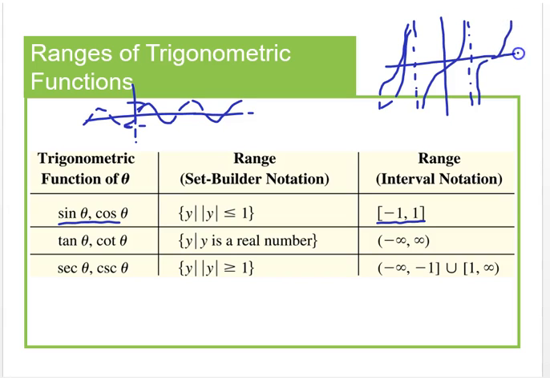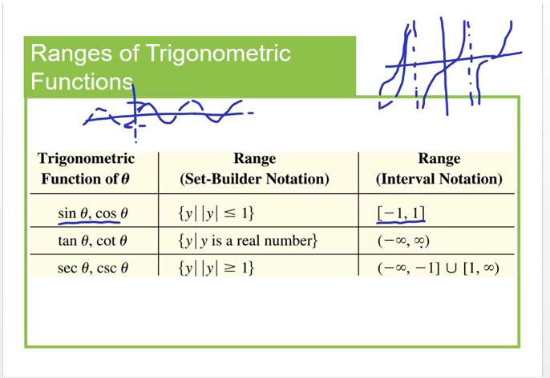They have a graph that looks like this right here that repeats over and over, kind of like this oscillating pattern for sine and cosine. But it repeats this pattern here over and over. And the range on this one, well, there are no bounds. So that's why it's -infinity to infinity.